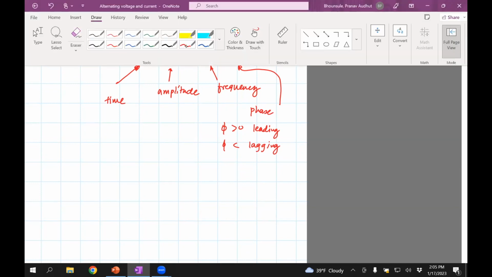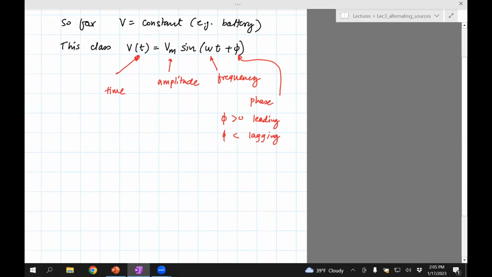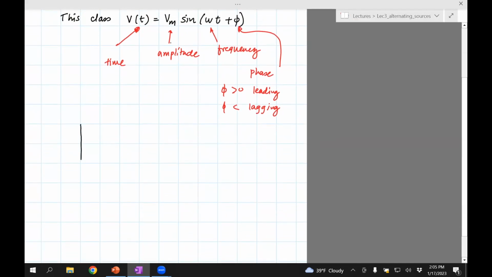So let's draw this voltage as a function of time. I'm drawing first the voltage V = Vm sin(ωt).